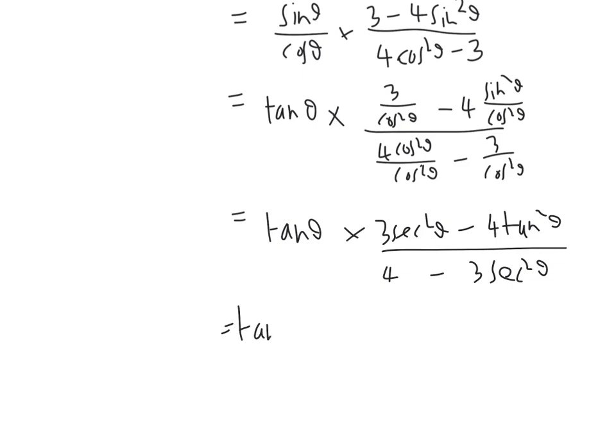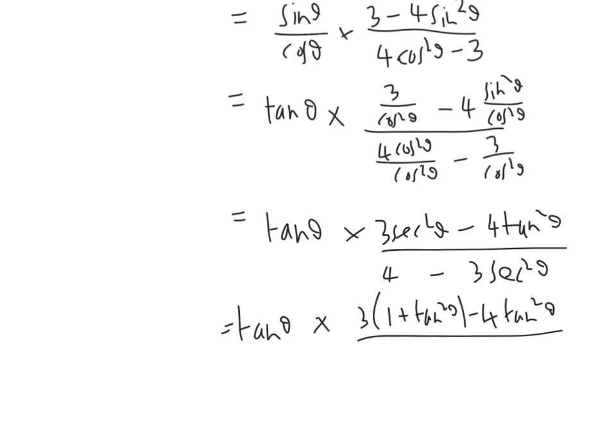Why is that useful? Well, if you go back, can you remember that sec squared is 1 plus tan squared? So by creating the sec squared, I know I can change the sec squared into tan squared because sec squared is 1 plus tan squared.